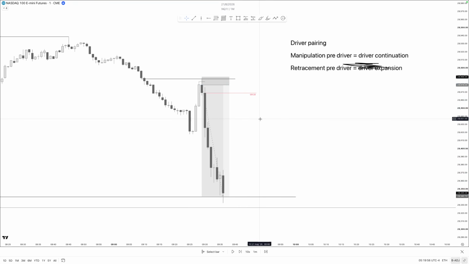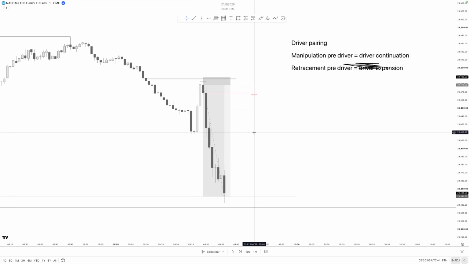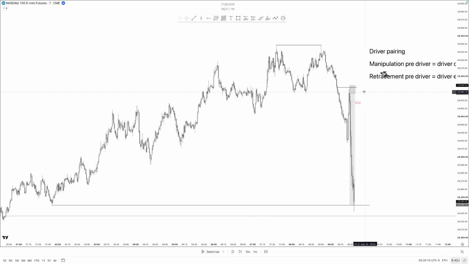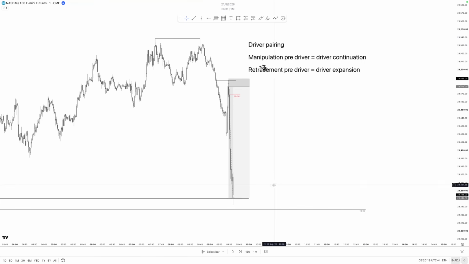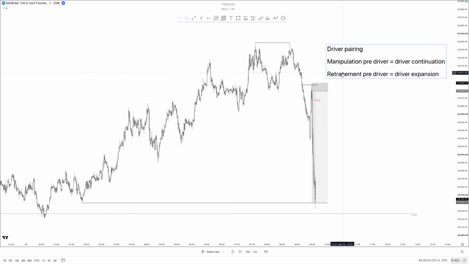When you have enough case studies of it, you can simply time the one-sided expansion around 9:30 when we have valid narrative. Okay, so we see the complete delivery of that market maker sell model right there, retrace of the daily candle, lower time frame expansion back towards the daily open here, and yeah, that is the delivery of that.